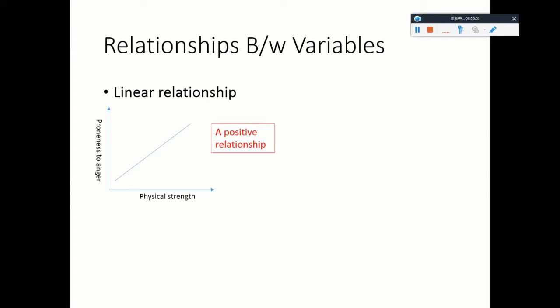And when this line is shooting upward, we say that the two variables have a positive correlation, or variable 1 positively correlates with variable 2, or the correlation between the two variables is positive.